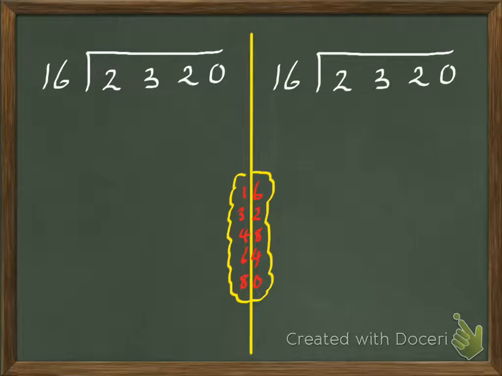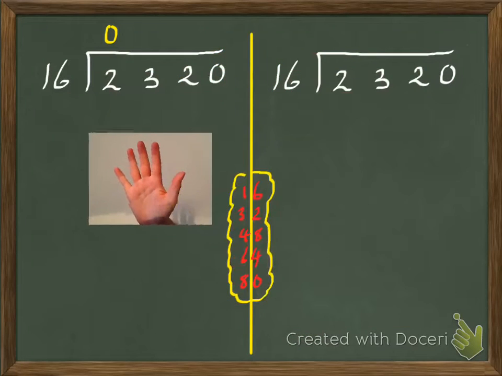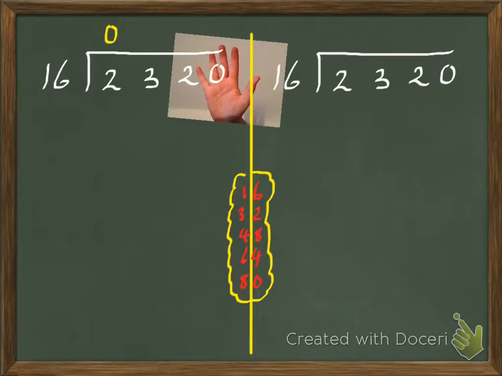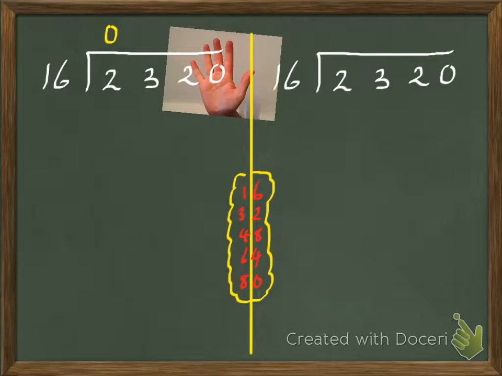Now I can either leave it or I can put a naught up the top here. I'll put a naught on this side, and on this side I'll just leave it as if I haven't put a naught up. Now I just consider the next 2 numbers. So I've done 2, now I'm doing 23.